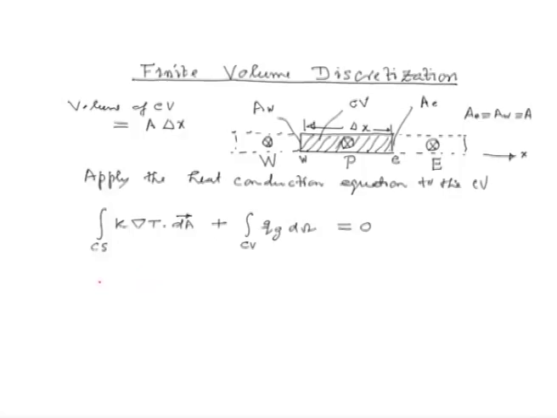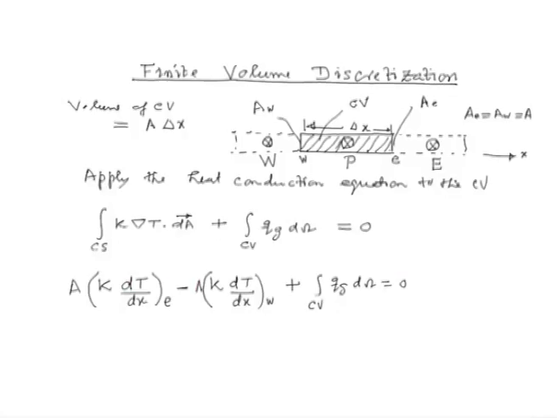This would become k times dT by dx at the eastern face minus k times dT by dx at the western face plus, let us use our integral of Qg d omega over the CV is equal to 0, and of course, these are area integrals multiplied by the area A.